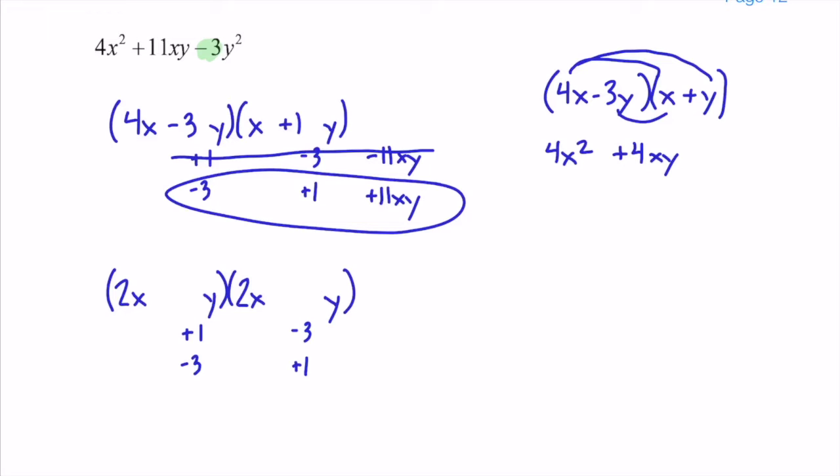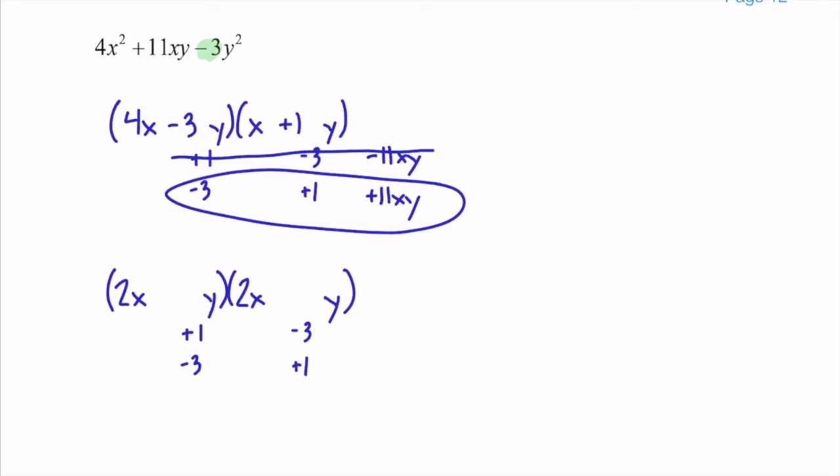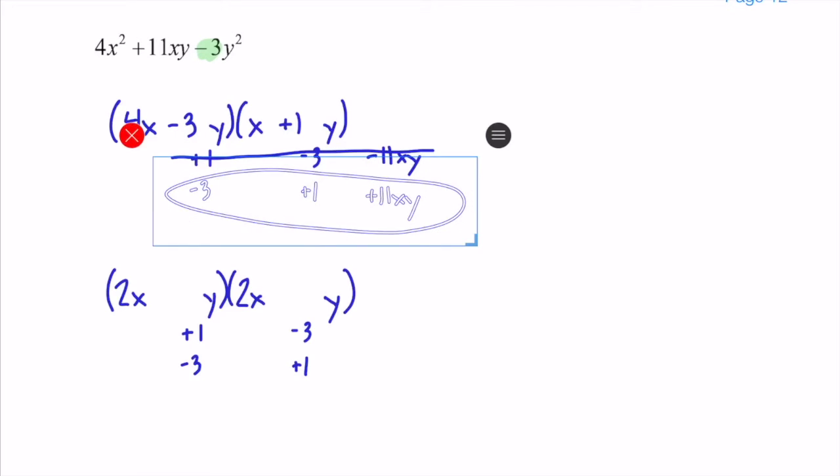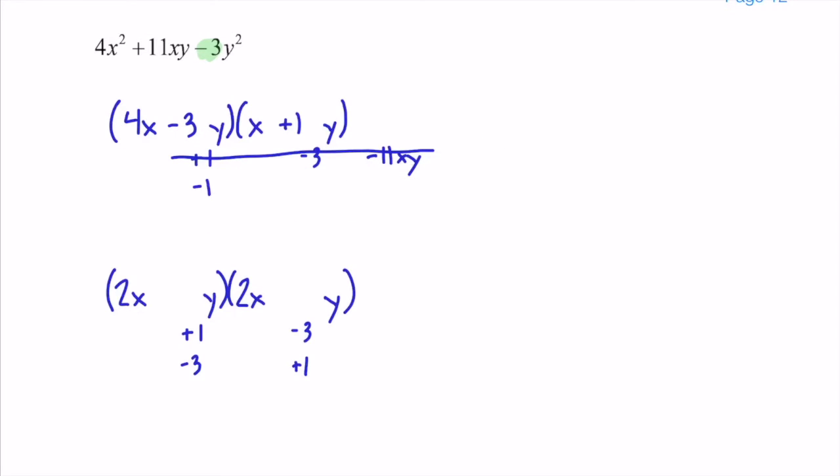Did I add numbers wrong? Ah, Mr. Spinelli, what were you thinking? You wrote the wrong numbers next. You should have written -1 and +3, which would give us the positive 11xy. Okay, so we don't need to consider these terms because we found our answer right away.